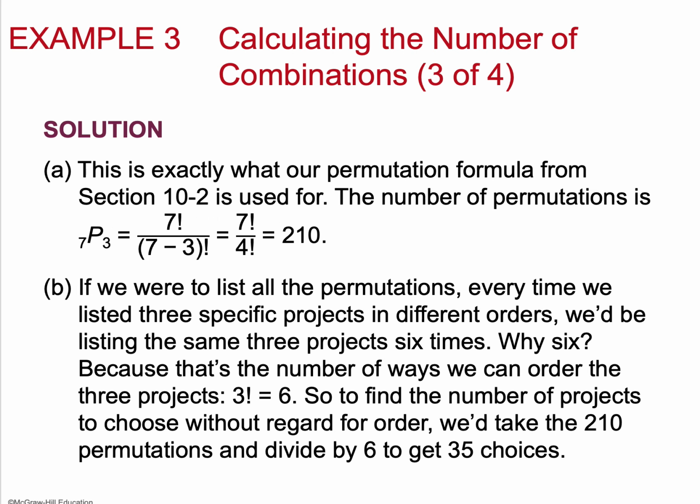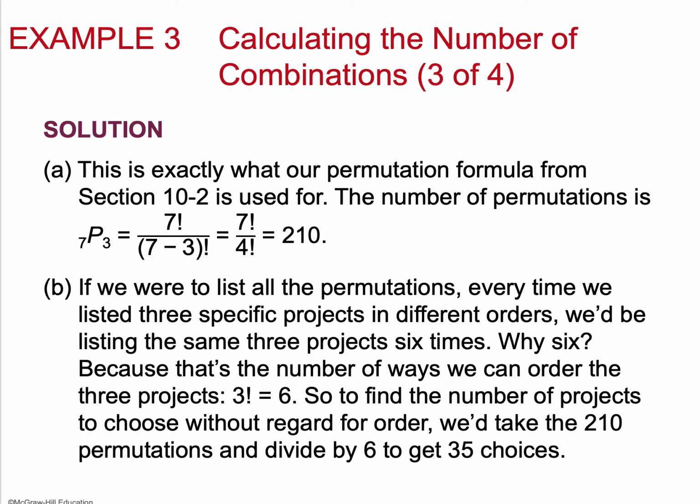So if I do the permutation formula, I get 210. But I know that order doesn't matter. So if I were to list all the permutations every time that we pick 3 specific projects in order, we'd be listing 3 projects 6 times because 3 factorial is 6.